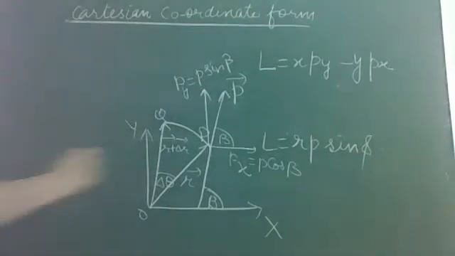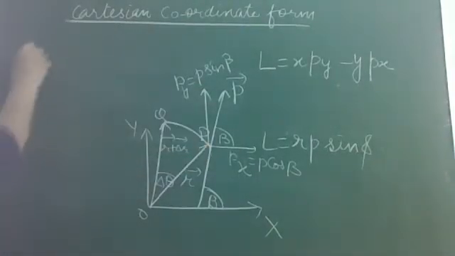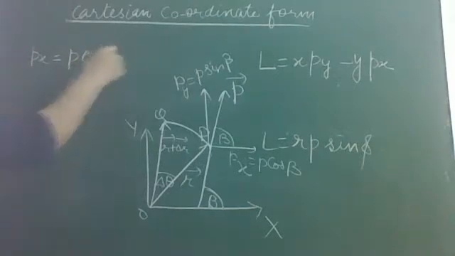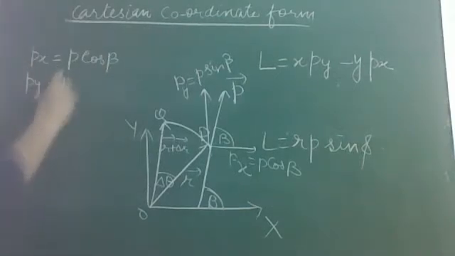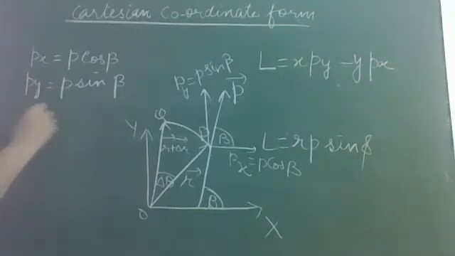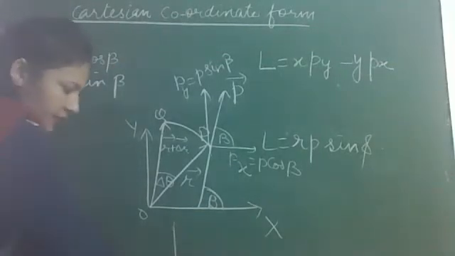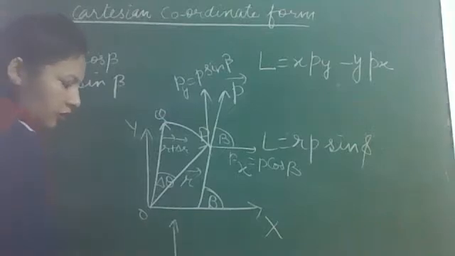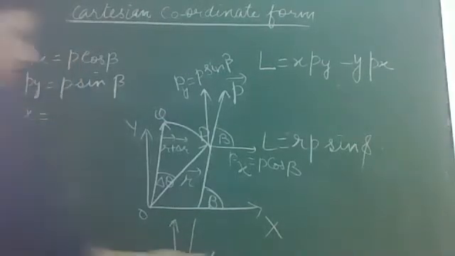Now, what is px? We have written p cos beta. py is p sin beta. And what is x? You remember that in the derivation of torque you had drawn two expressions.